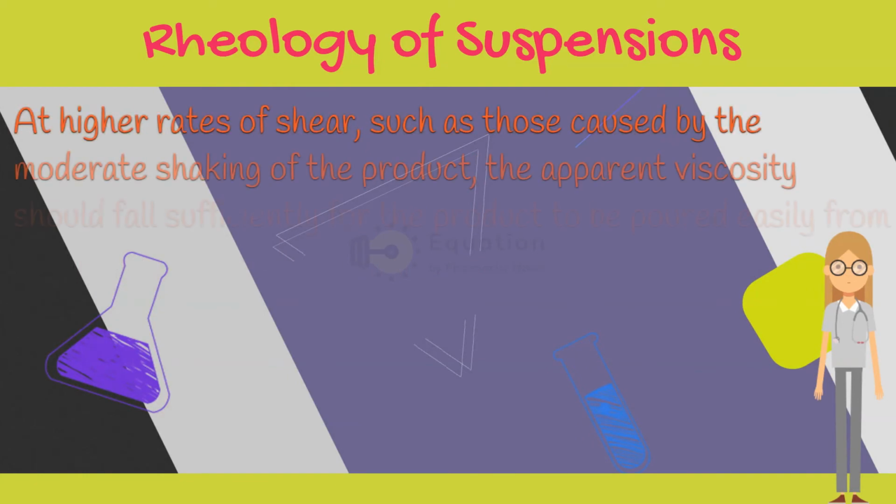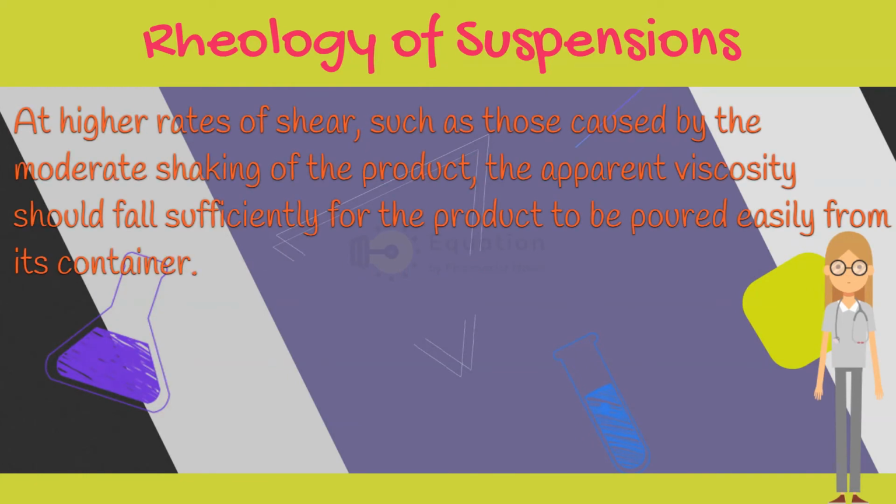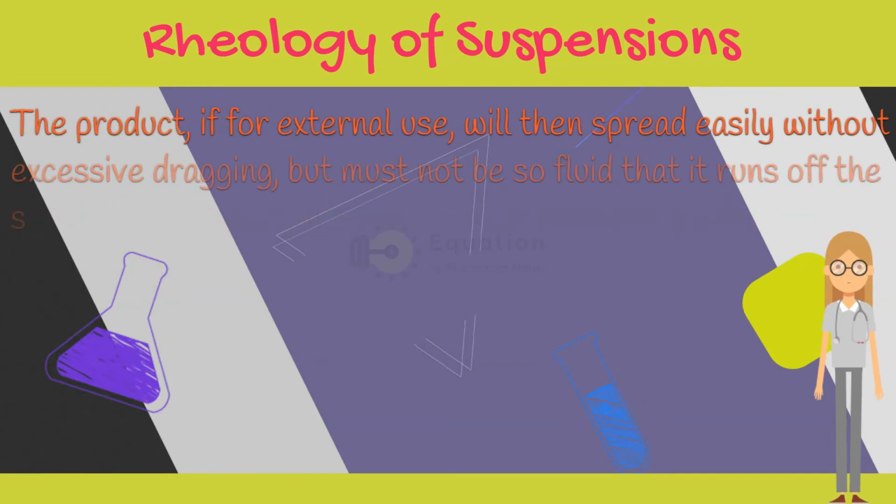At higher rates of shear, such as those caused by the moderate shaking of the product, the apparent viscosity should fall sufficiently for the product to be poured easily from its container. The product, if for external use, will then spread easily, without excessive dragging, but must not be so fluid that it runs off the skin surface.